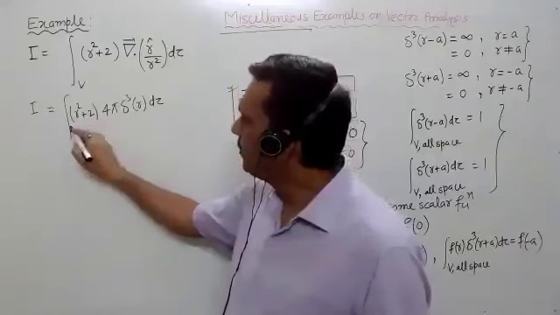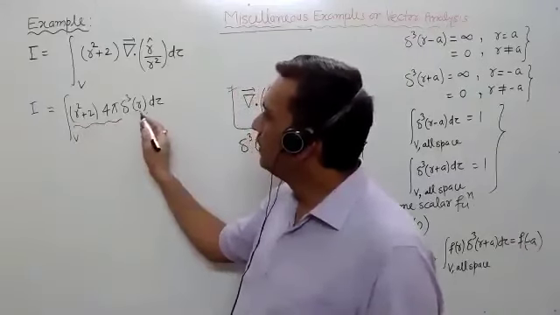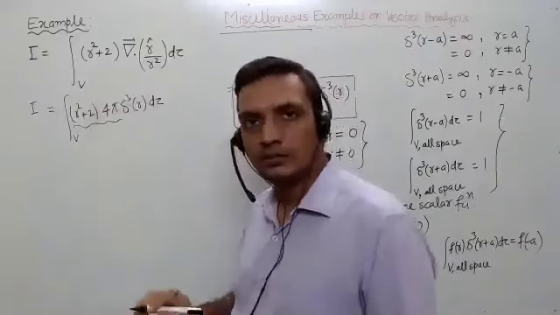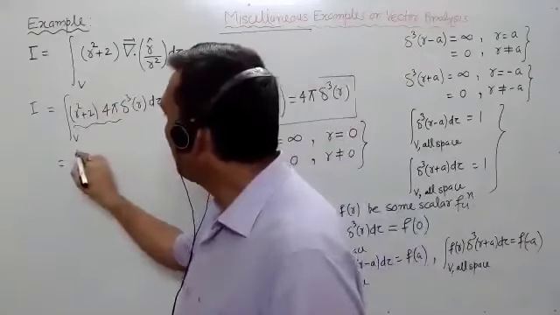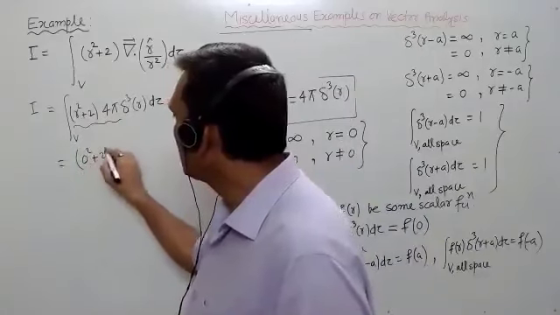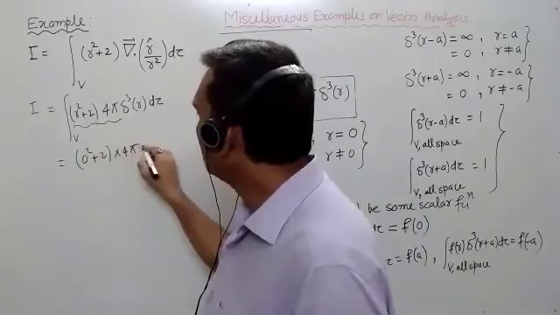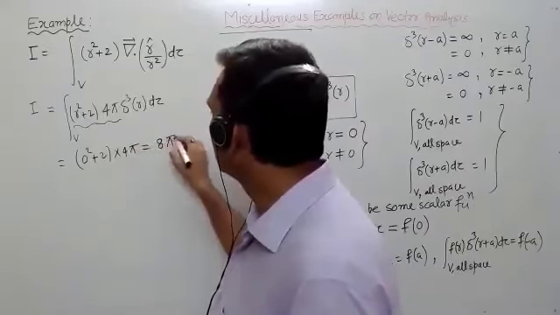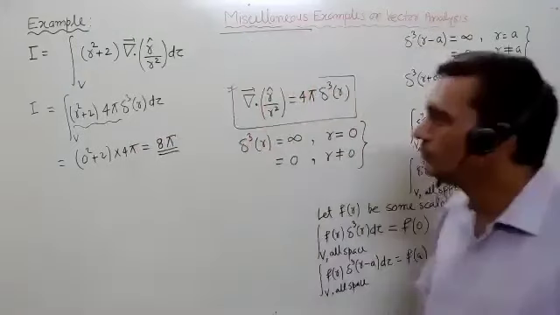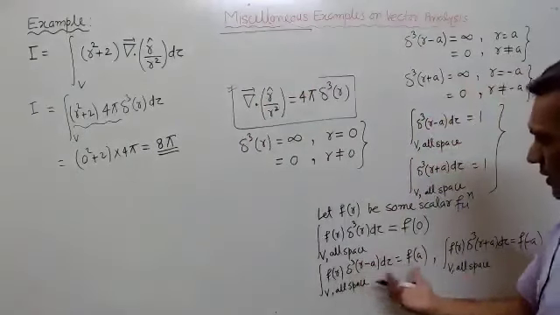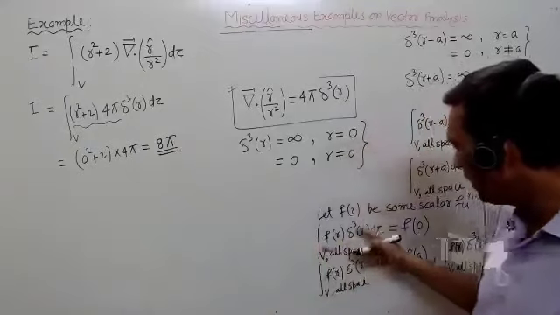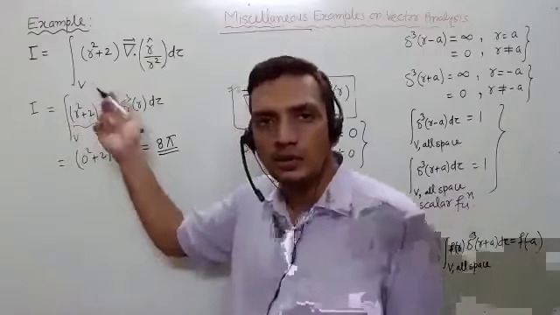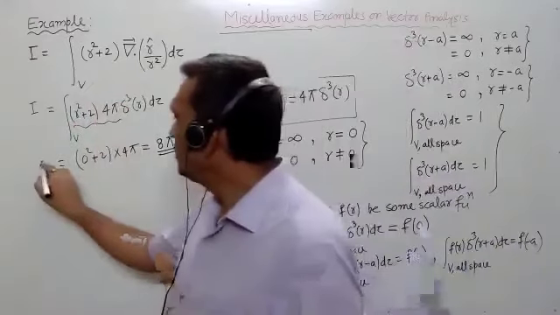Now this r square plus 2 is some scalar function f r. So you have to put r is equal to 0. So the value of the integral will be 0 square plus 2 into 4 pi. So this integral will be 8 pi. So using these properties, you can easily find the integral of f r delta r d tau is f of 0, the value of the function f at r is equal to 0.